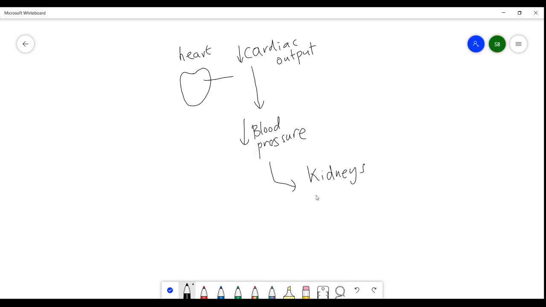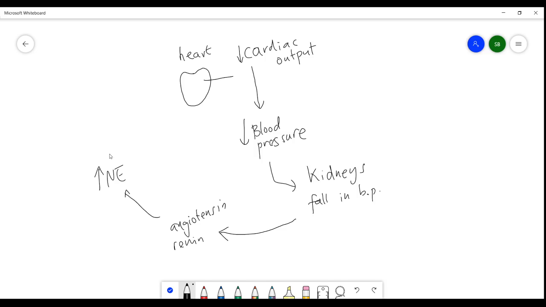this is detected as a fall in the blood pressure, and that results in an attempt by the negative feedback systems to restore blood pressure. So what they do is you then get, through the angiotensin and renin system, you end up with an increase in norepinephrine.